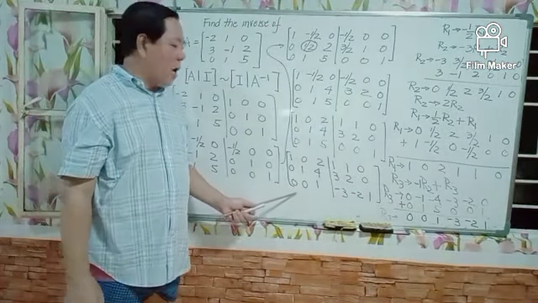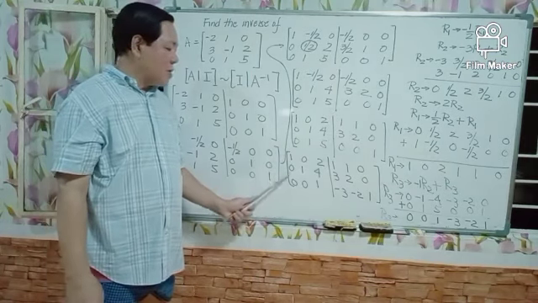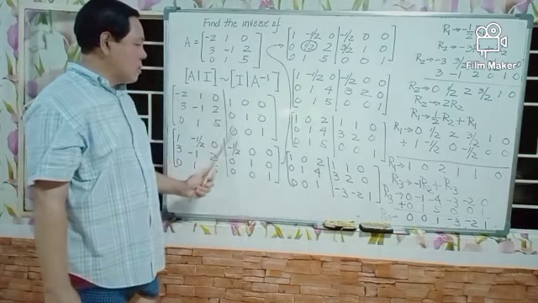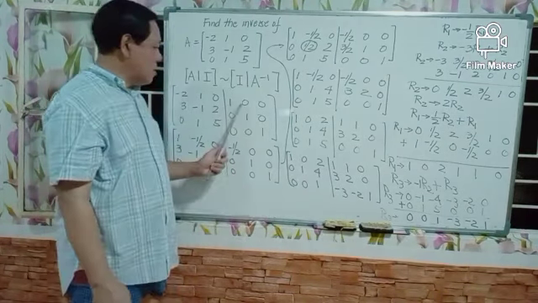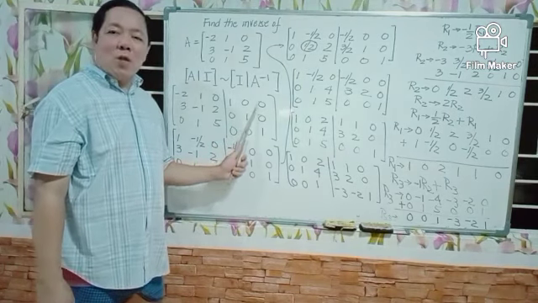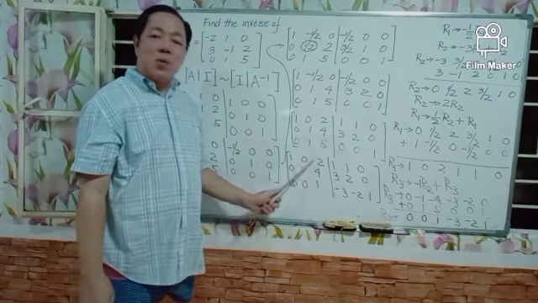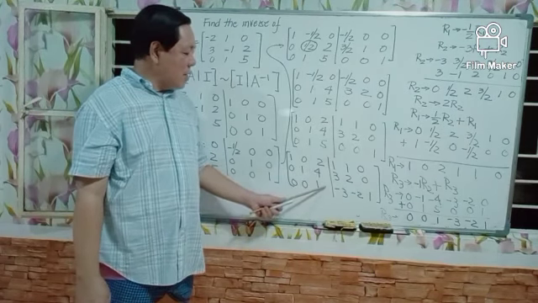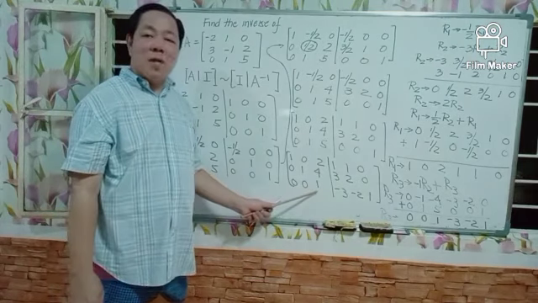The new matrix now is this matrix. In the first column, we have 1, 0, 0. In the second column, we now have 0, 1, 0. In the third column, we should have 0, 0, 1. But in the third column, we have 2, 4, 1. And the entry in the last row, third row, and third column is already 1.